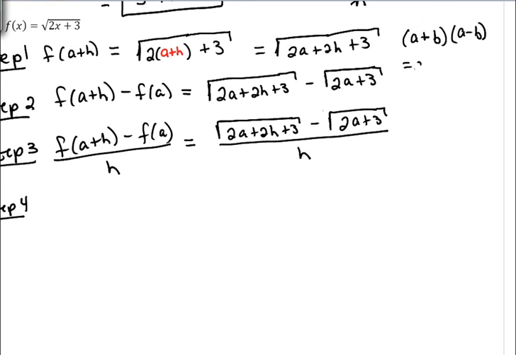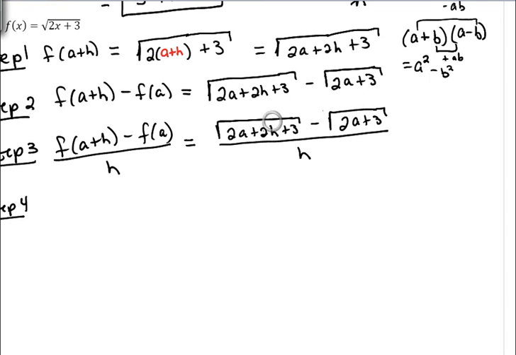A times a is a squared. Then here you get a negative ab, and here we get a positive ab, and those two cancel out and give you 0. Then positive b times negative b is minus b squared. So when we multiply our conjugates together, we get a squared minus b squared.